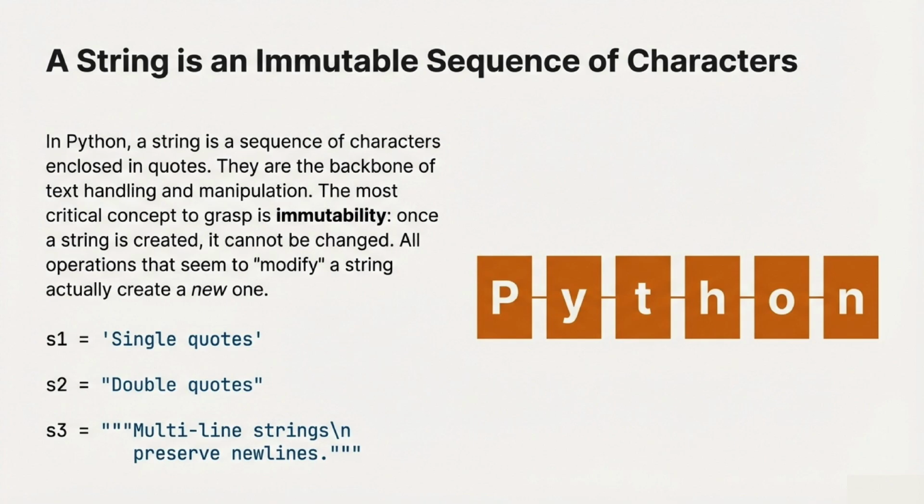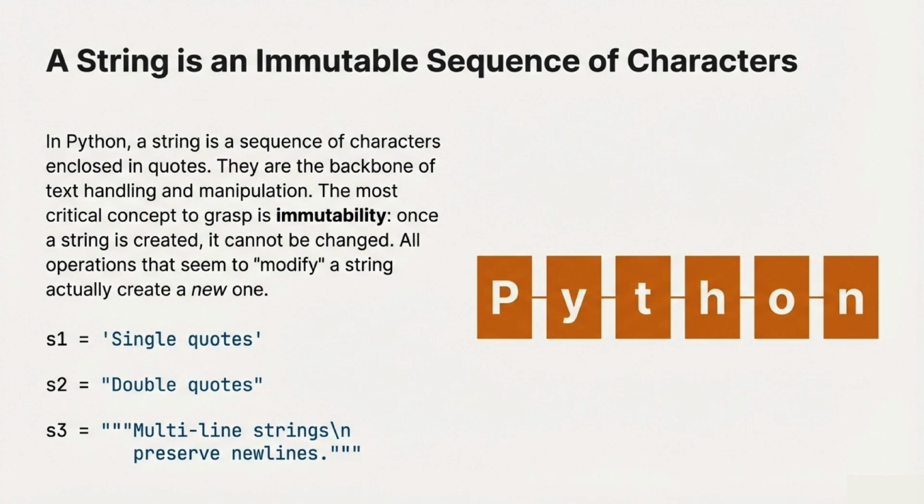Immutability means once a string is created, it cannot be changed. Even if an operation looks like it's modifying a string, Python is actually creating a new string in memory, leaving the original one untouched. This design makes strings safer and more predictable when working with data.